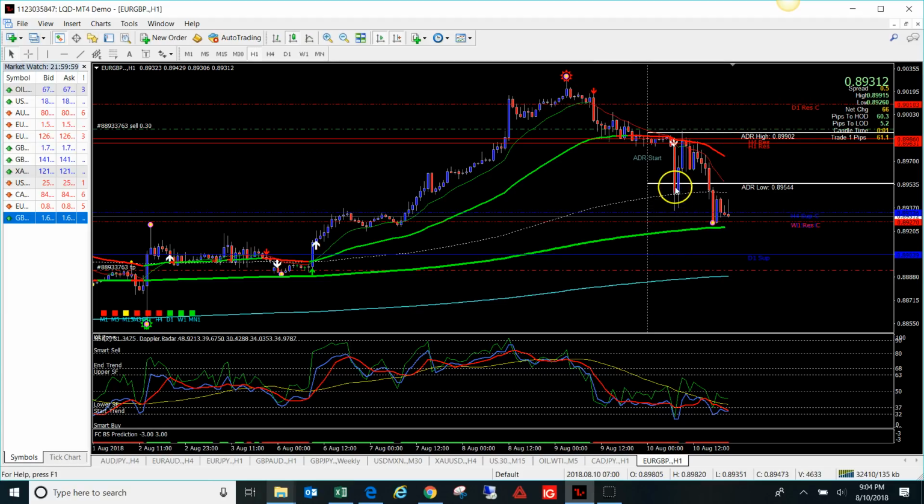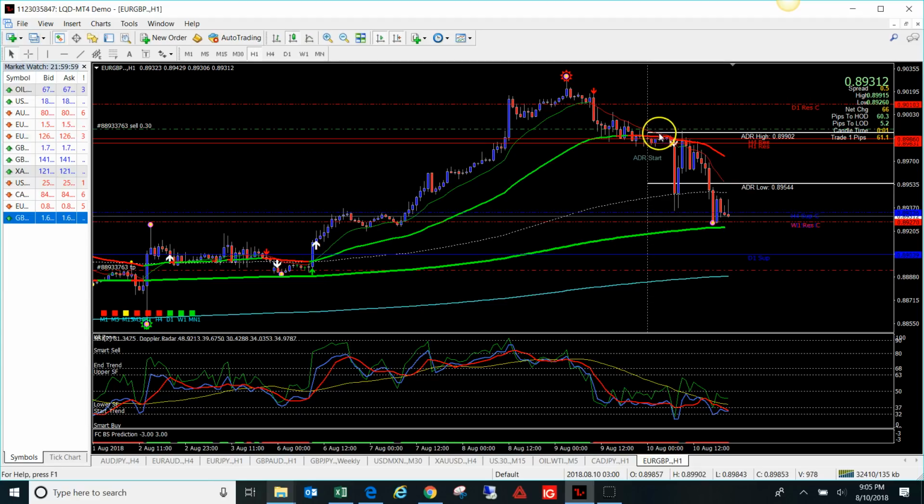And usually when price hits this ADR high or the ADR low, there is a high chance of a potential reversal as well. But it doesn't always work out that way, as you can see. Sometimes it will blow right through the ADR high and the ADR low. So these can be used as support and resistance as well.